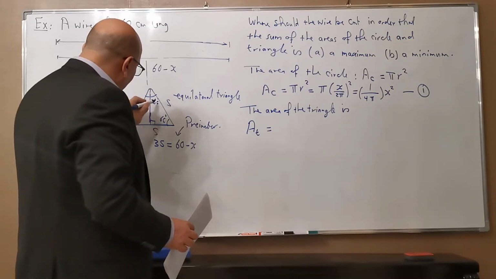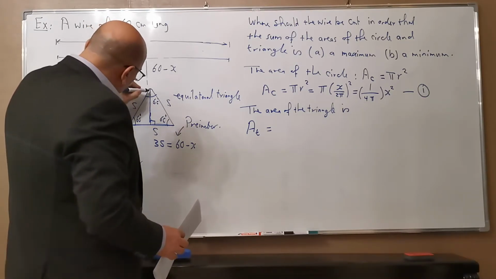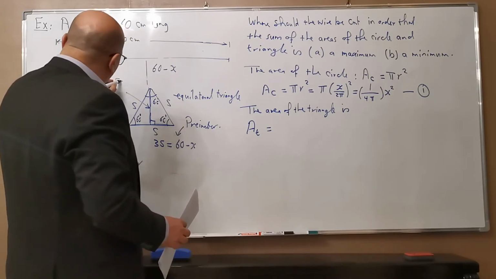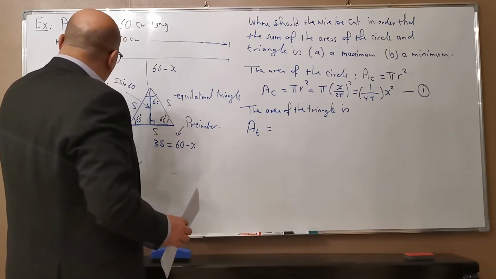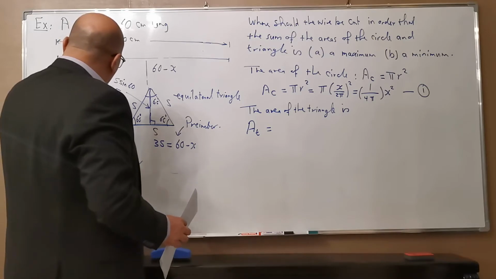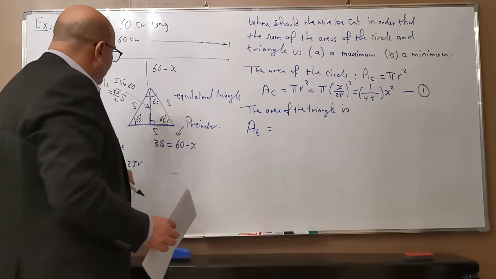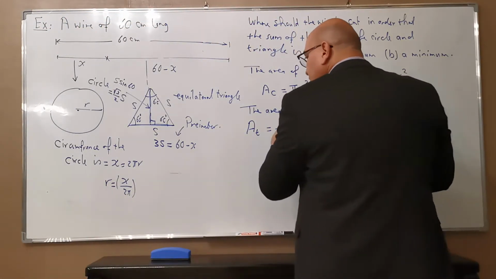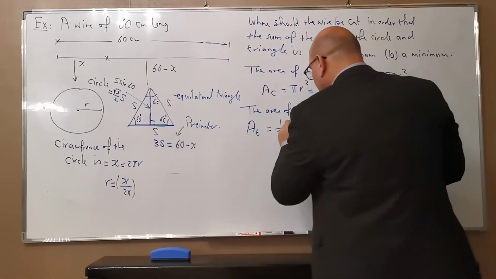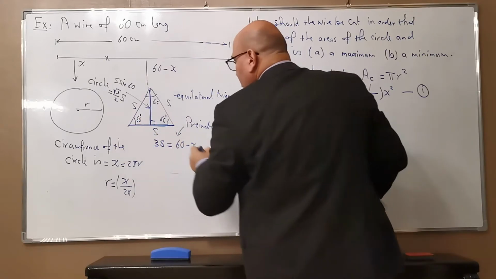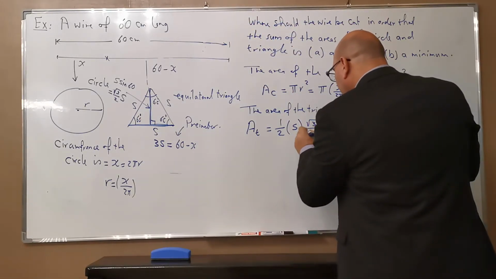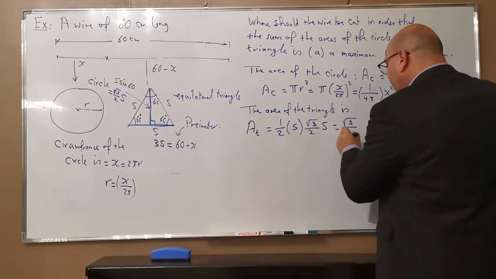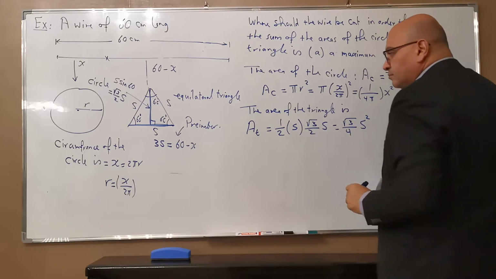This one is also 60 degrees. And this one also is 60 degrees. So the length here is S sine 60, which is equal to square root of 3 divided by 2 times S. So the area is 1/2 times the base, which is equal to S, times the altitude here, which is equal to square root of 3 divided by 2 S. So this equals square root of 3 divided by 4 S squared. Okay.